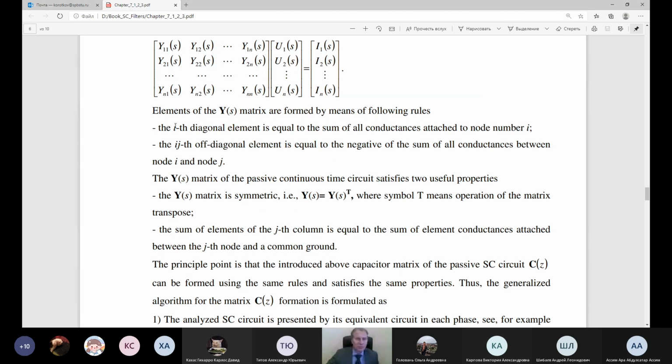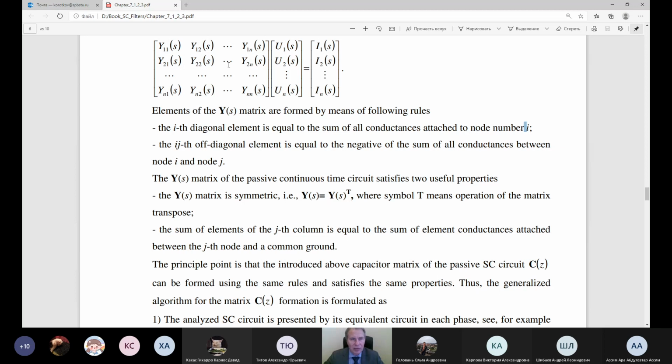You can see it here. And first of all, the diagonal element here, as you can see, is equal to the sum of all conductances which are connected to the node number I. And the off-diagonal element is equal to the negative of the sum of all conductances between the node I and J. So it is important that the Y matrix of passive continuous time and discrete time circuits is symmetric, and the axis of symmetry is the diagonal.